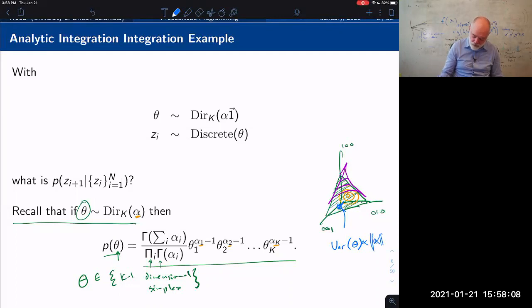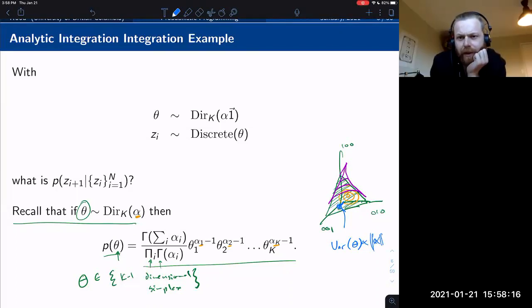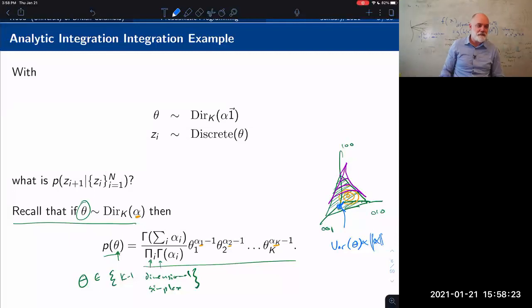Is it fair to say that the Dirichlet distribution is in some sense like a beta distribution, but in more than 1 dimension? I think it's better to say that a beta distribution is a 1-dimensional Dirichlet distribution, yes. But yes, indeed, exactly.